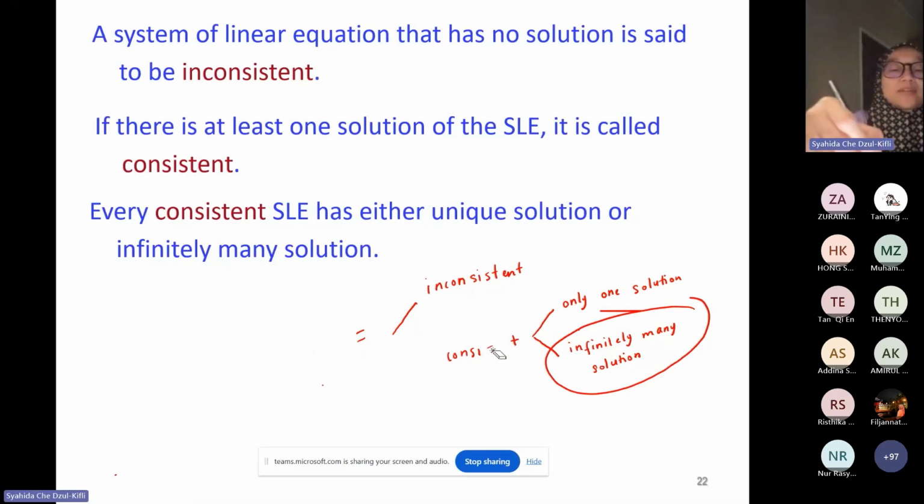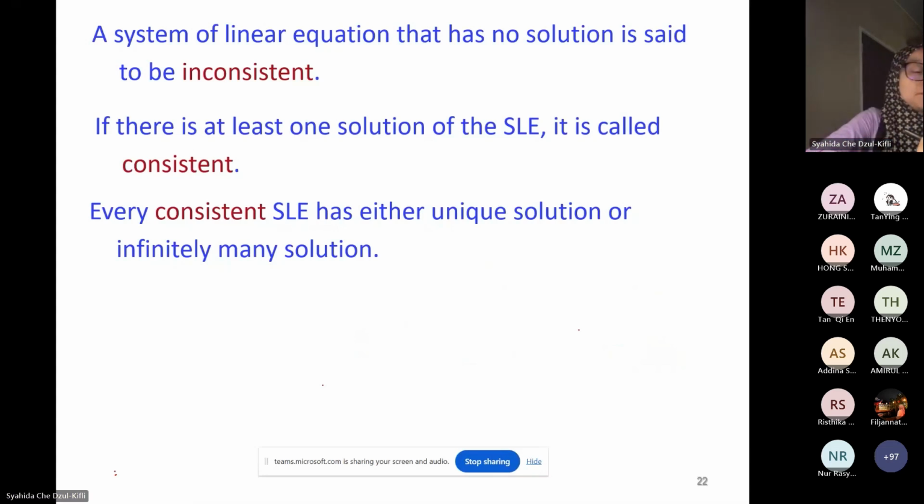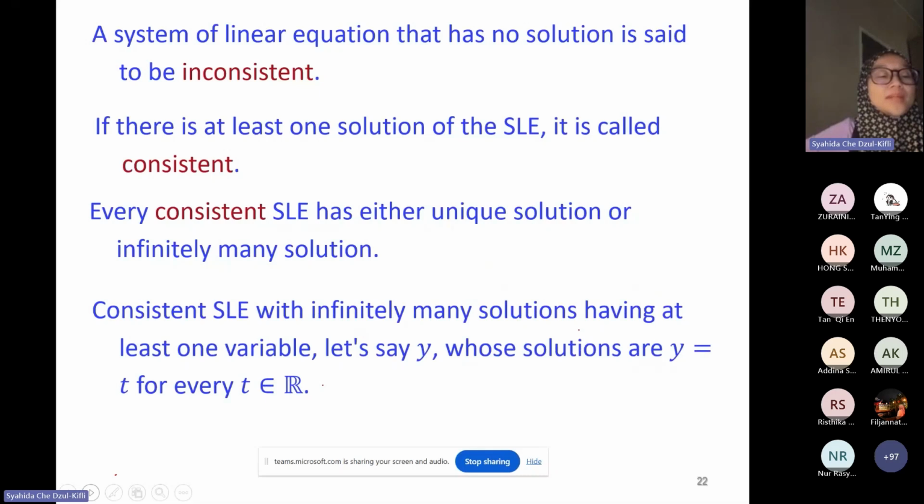A consistent system of linear equations with infinitely many solutions has at least one variable, let's say y, whose solution is y equal to t.